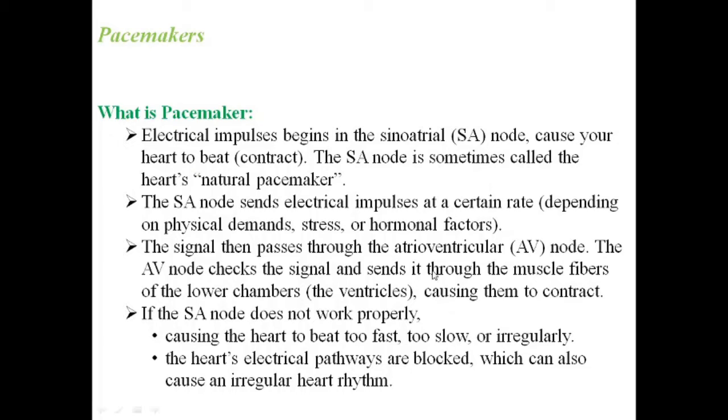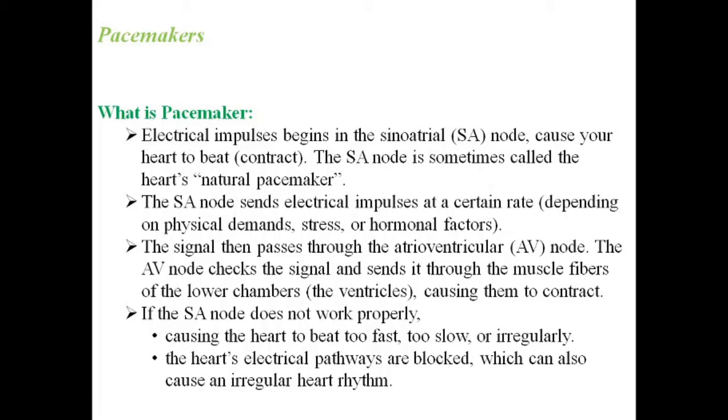When the pulses or pace begin at the SA node, this is called a natural pacemaker. What happens when the pace starts from this SA node? As we all know, the SA node sends electrical impulses at a certain rate depending on physical demand, stress or hormonal factors, because the rate could be different.